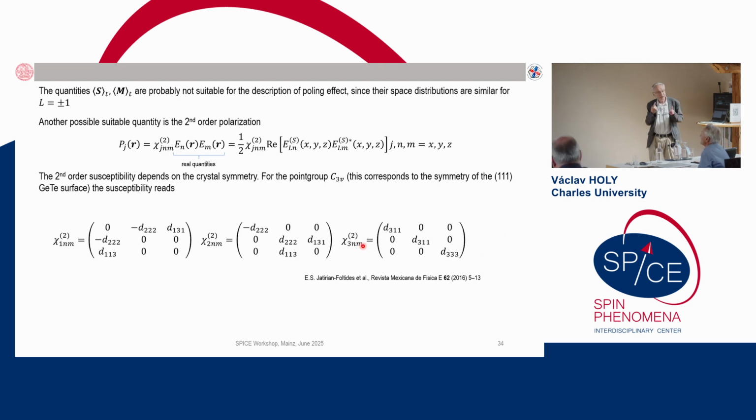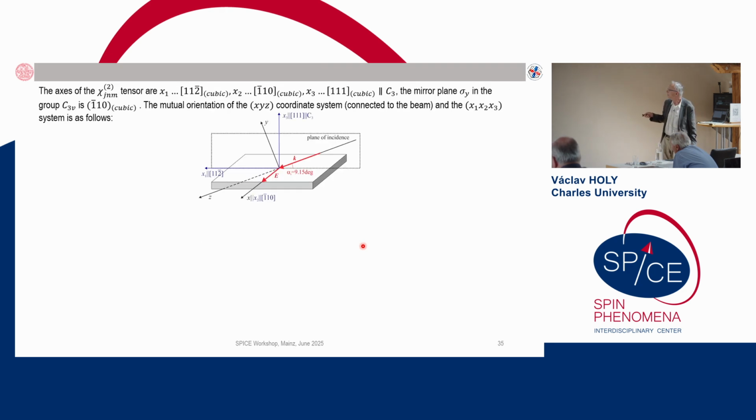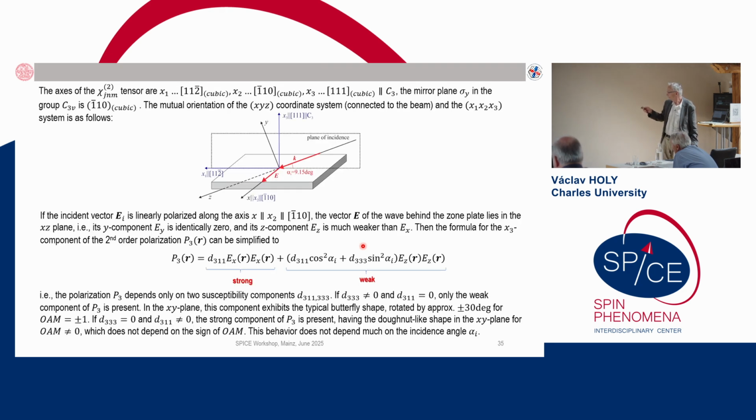And if we restrict ourselves to the calculation of the vertical component of the second order polarization, that means the component along the threefold axis, perpendicular to the surface, then we find that this third component of the polarization vector has two contributions, a strong contribution and a weak contribution, where alpha I is the incidence angle.